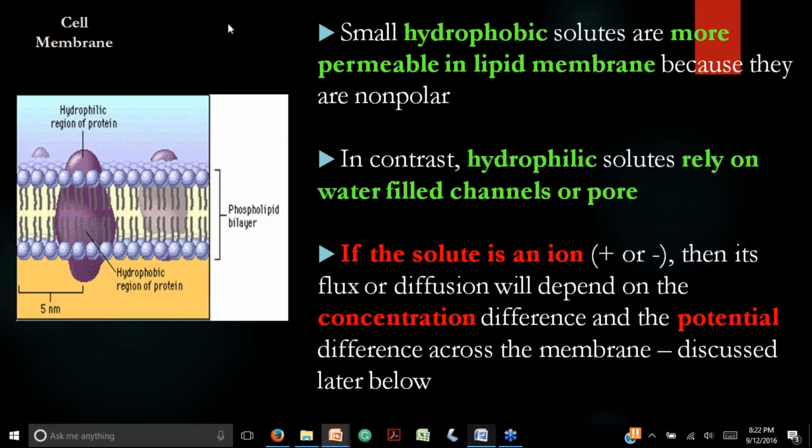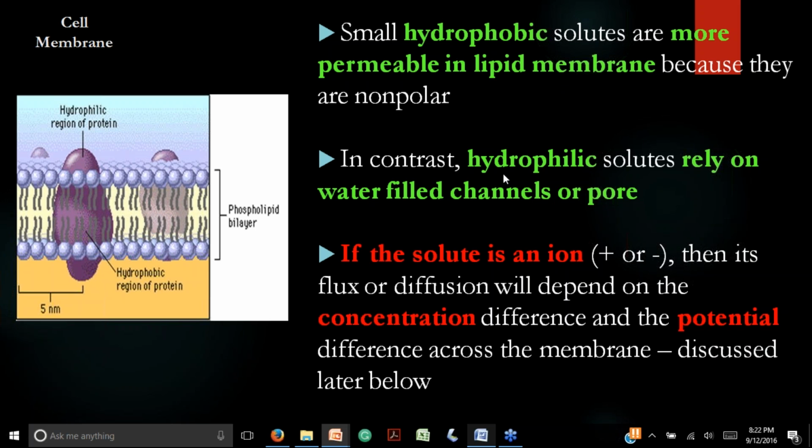So we have some solutes that are going to be easier to pass than others. Hydrophobic solutes are more permeable in the lipid membrane because they are away from the water, but they are trapped by the fat. So you can tell fat and fat can mix, but water and fat don't.